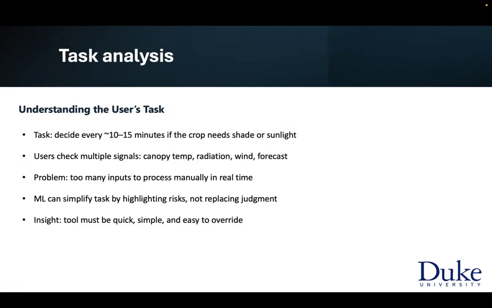The insight is that machine learning should eventually simplify and not complicate the task, and it should also give us higher accuracy of the plant's real-time status and needs. So the flow must be quick, intuitive, but always under user control, which is the farmer in this case.